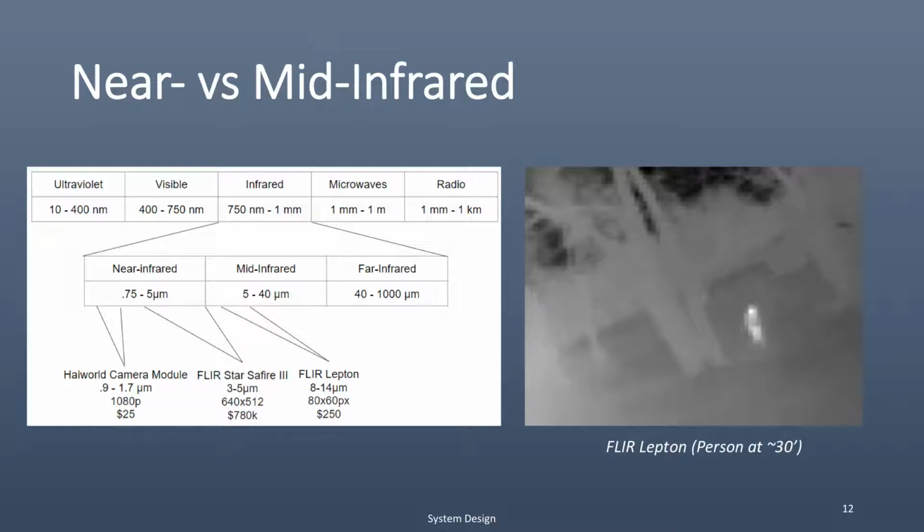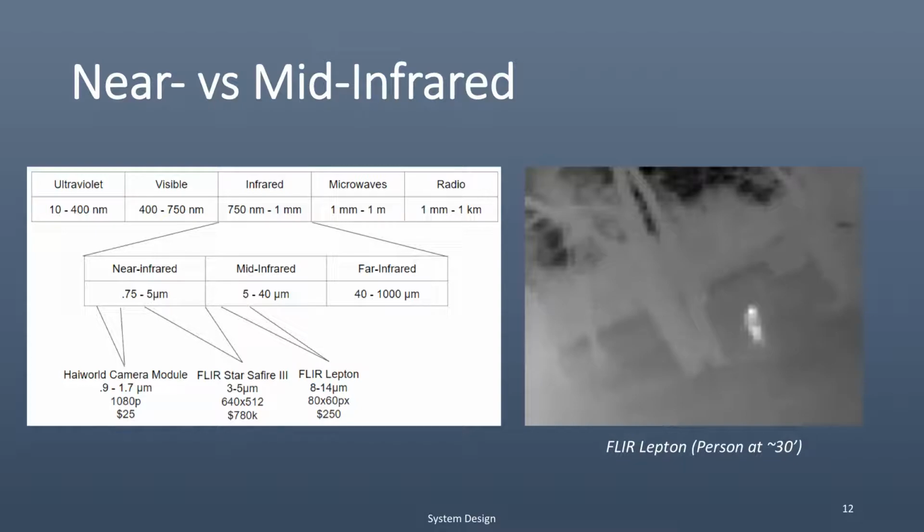However, this one is actually a fairly cheap night vision camera, as it's advertised, but the frequencies that it deals in are actually just above red light, and it behaves very similarly to visible light, and warm bodies do not emit this radiation, but rather it requires illumination. So these typical night vision cameras will actually have a flashlight on them that shines infrared on the scene to illuminate targets.